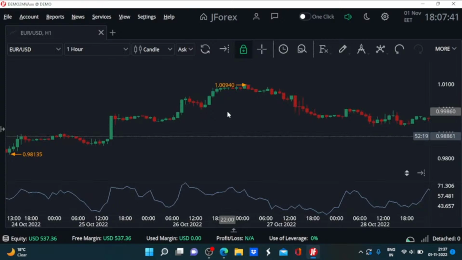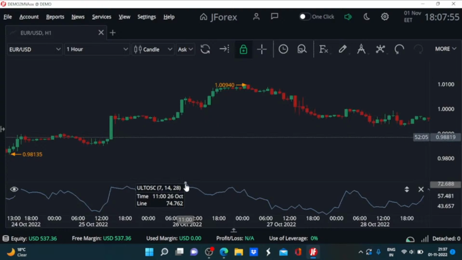This indicator has one more advantage: in a stronger trend, when the initial spurt is there, either on the upside or on the downside, the indicator's output is going to reach extreme values above 70 on the higher side and below 30 on the lower side, but it will take some time for it to then decline again.